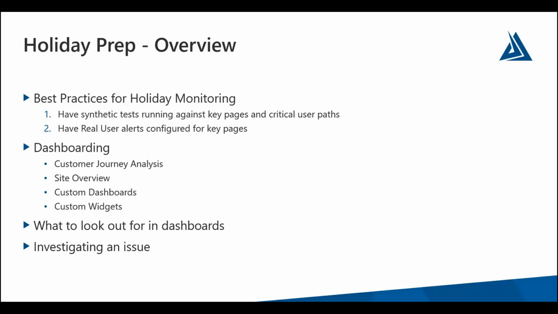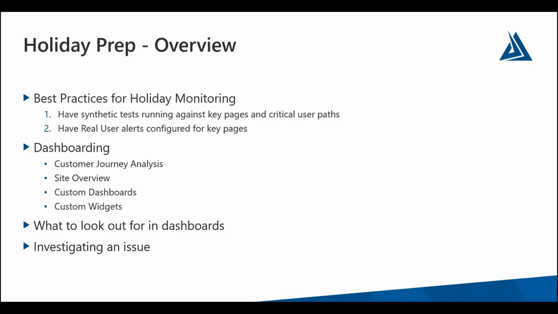So one of the most important dashboards in our portal is the customer journey analysis. The customer journey analysis basically shows the user behavior on your site. It shows bounce and exit rates by page.